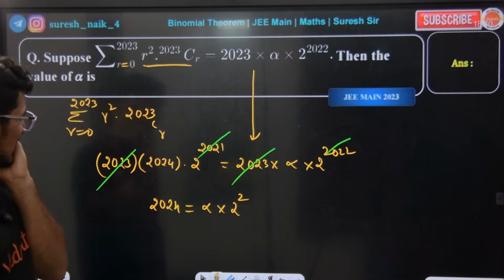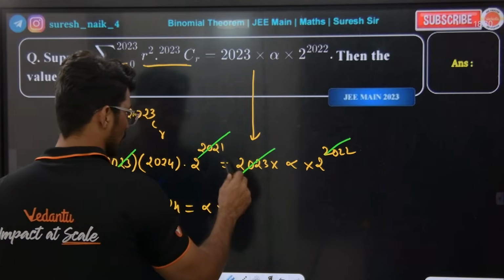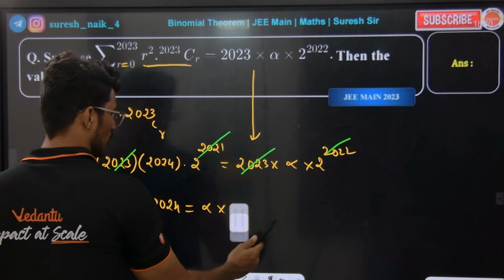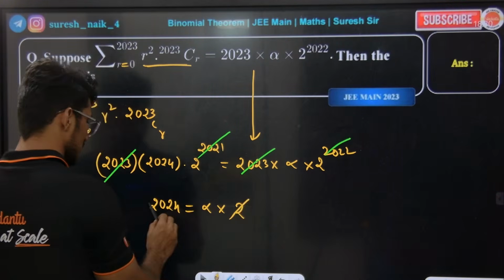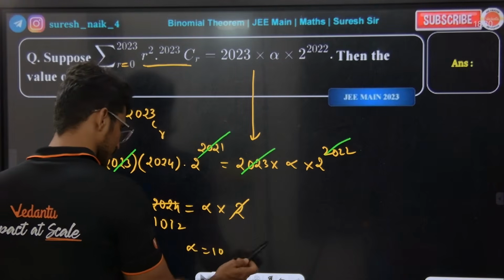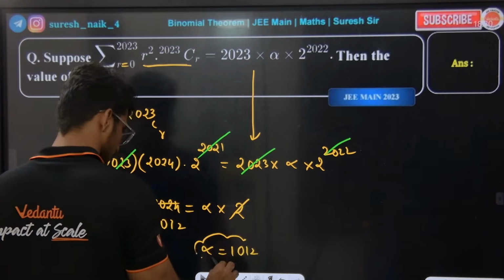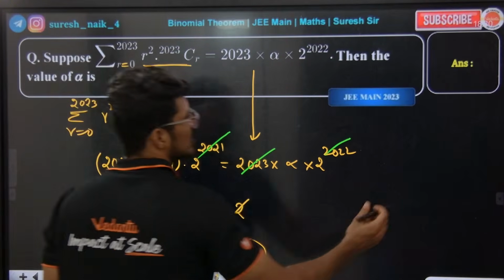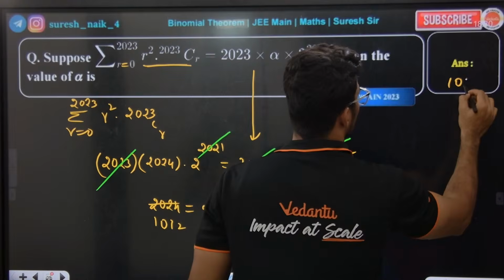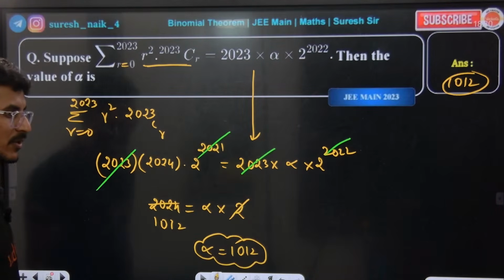Am I right? One 2 got cancelled, so only one 2 will be there. 2 alpha is equal to 1012. Alpha is equal to 1012. 1012 is the answer. Very good question.